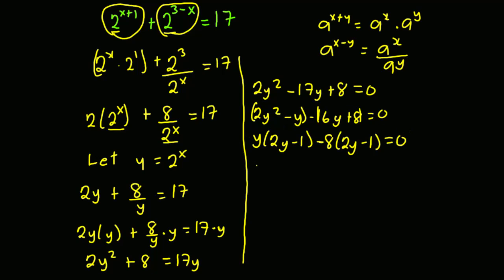And so what we know is that we have y minus 8 and 2y minus 1, and this should be equal to 0.